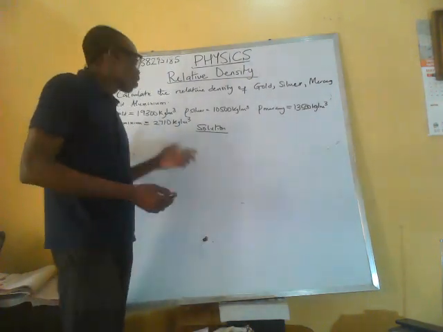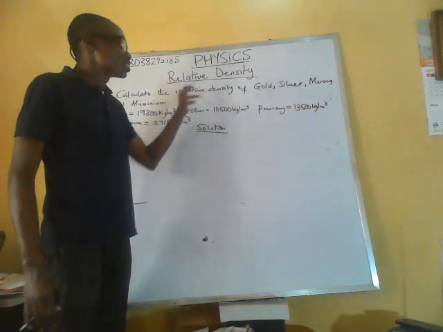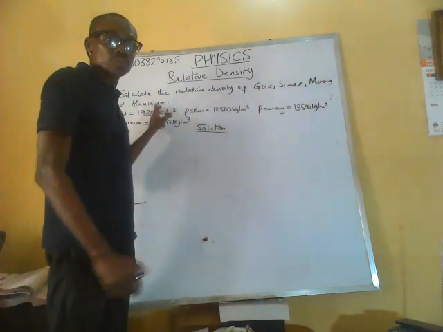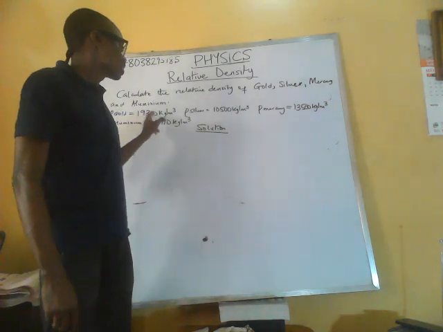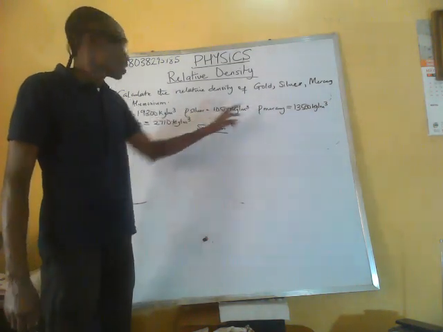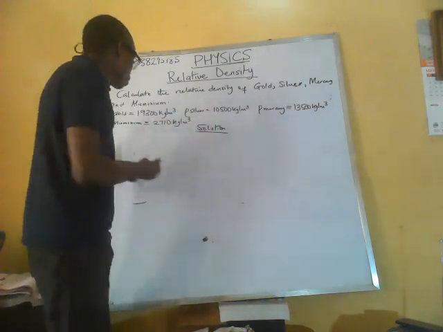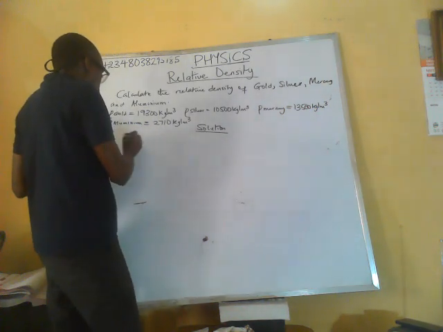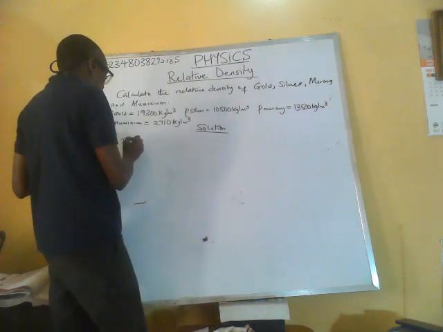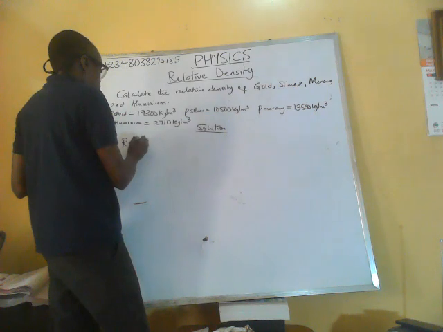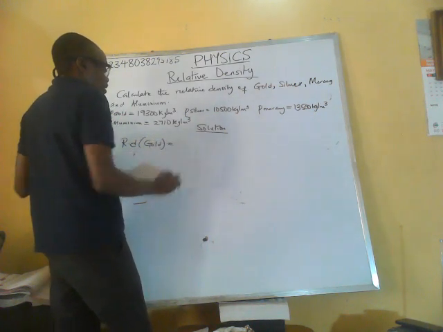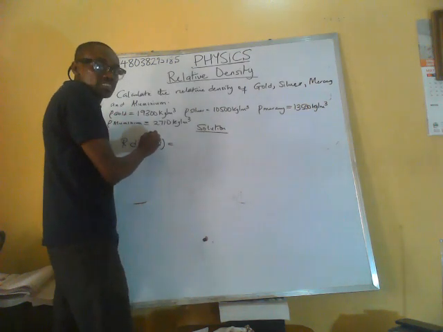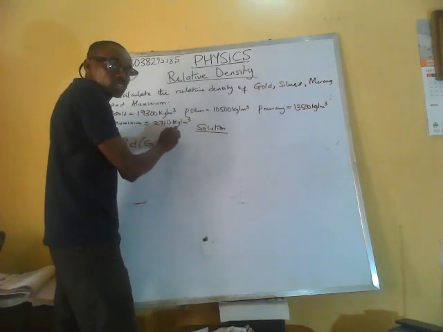So right now we're going to calculate the relative density of gold, silver, mercury, and aluminium. Given the densities of each, for the relative density of gold, this is density of substance over density of water.